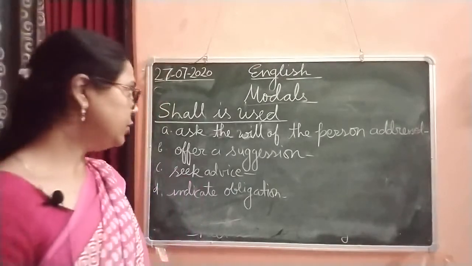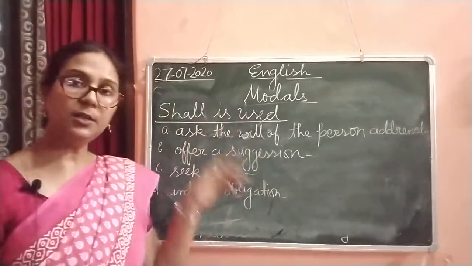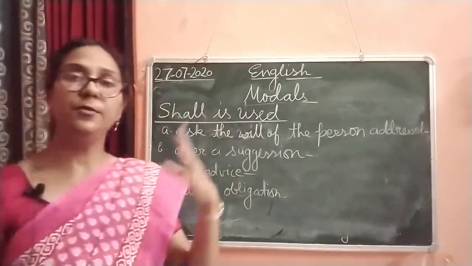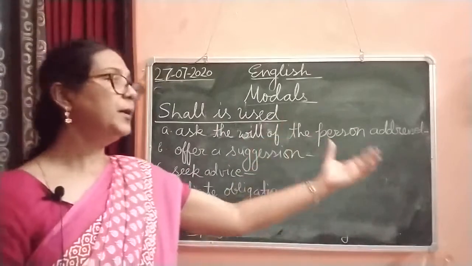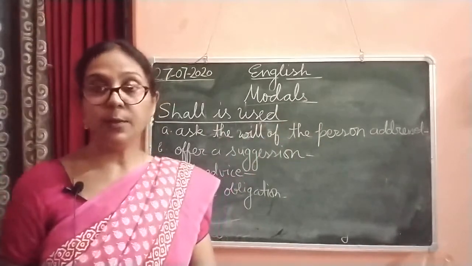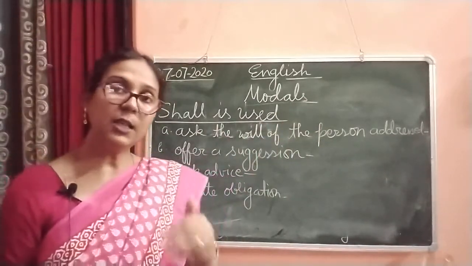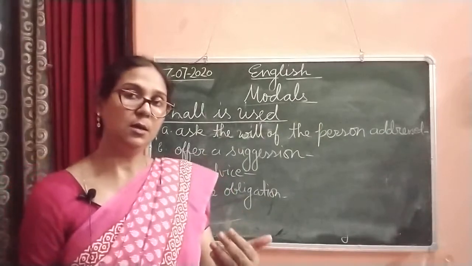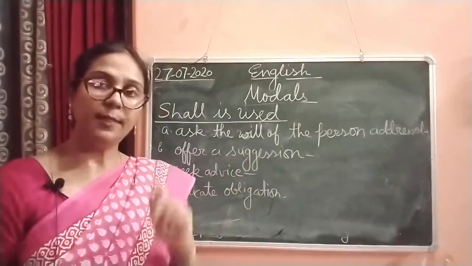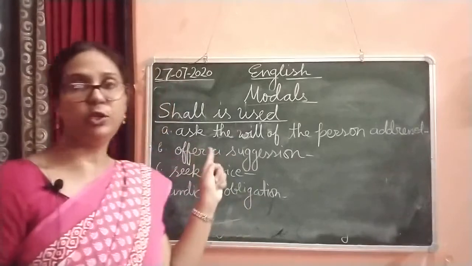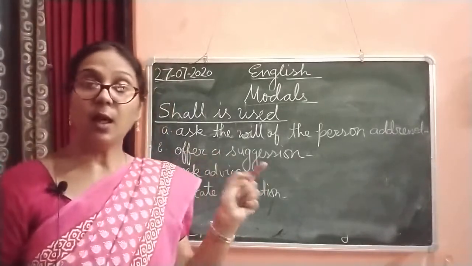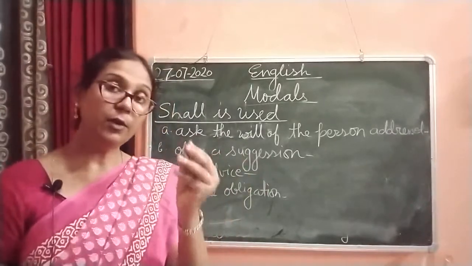Now I am going to start with shall. Shall is used to ask the will of the person addressed. It means for asking the will of the other person whom you are addressing, we use shall. Shall I bring an ice cream for you?